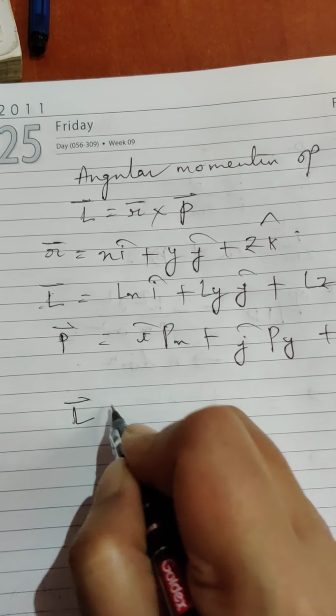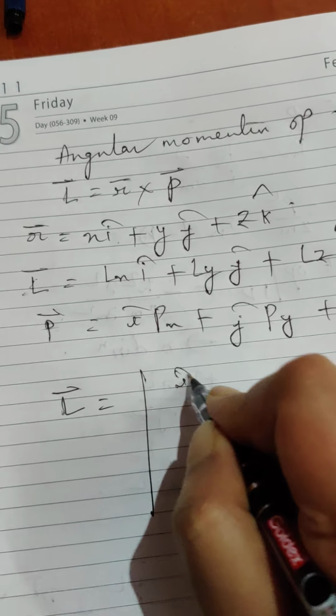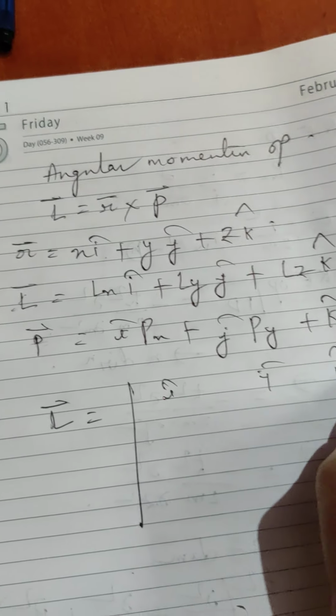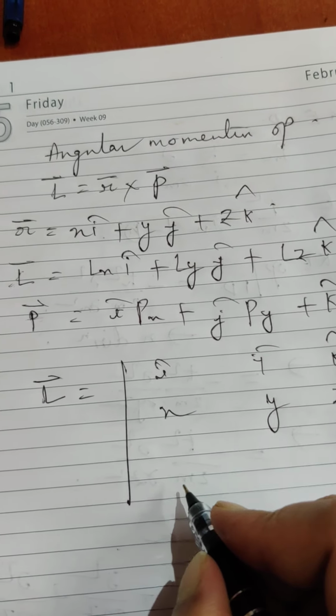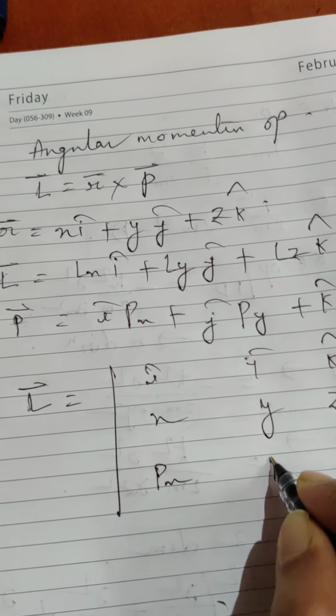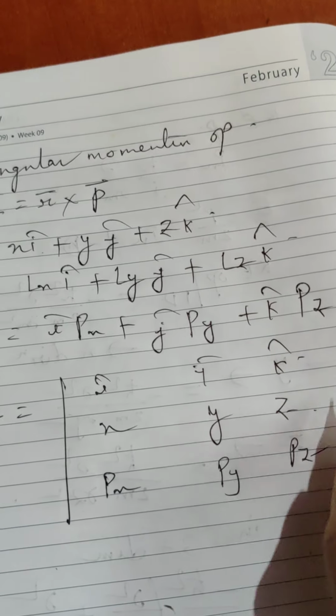Now L equals what? The determinant of i hat, j hat, k hat, then x, y, z, then px, py, pz.